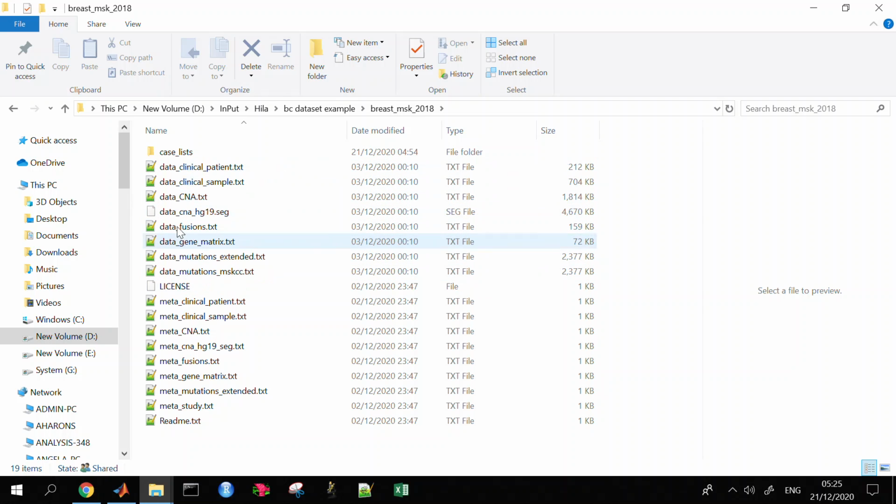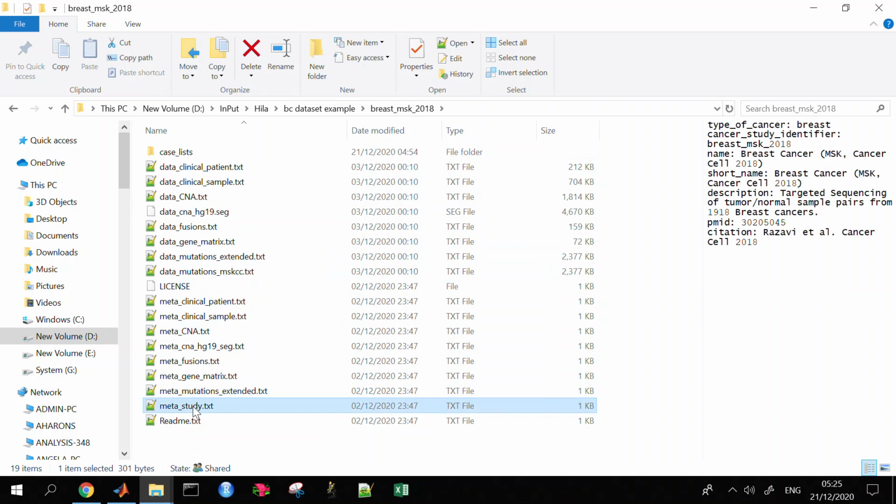Okay, I have clinical data, CNA data, mutations data, but I don't have gene expression data. And the meta.txt files are usually files which provide info regarding what we have, or from which study the data was taken from.